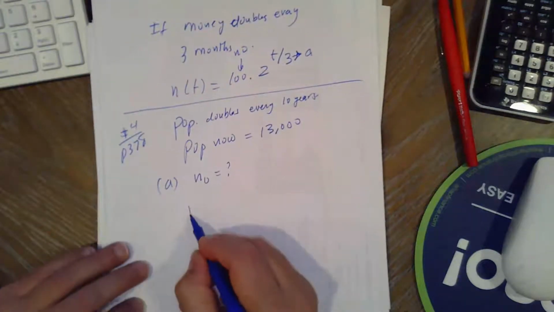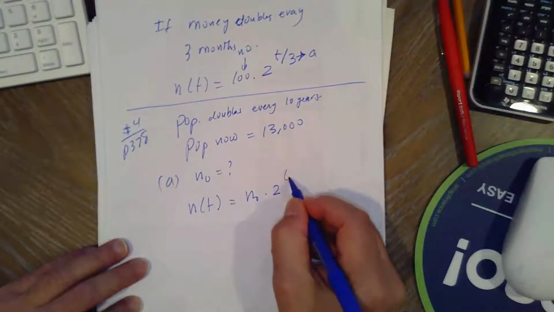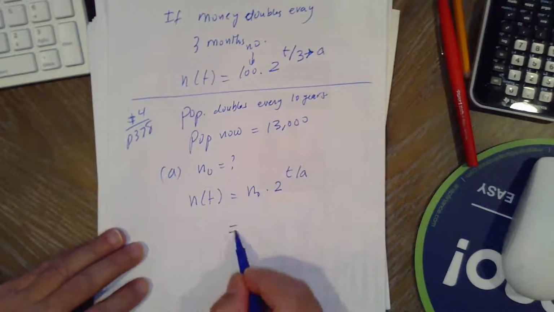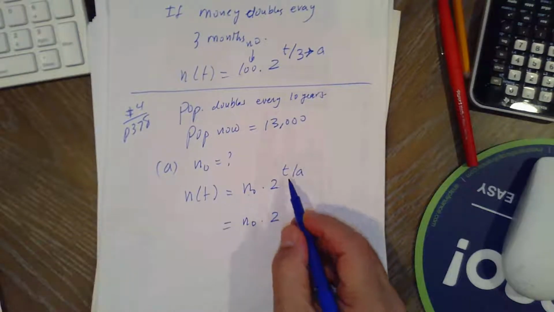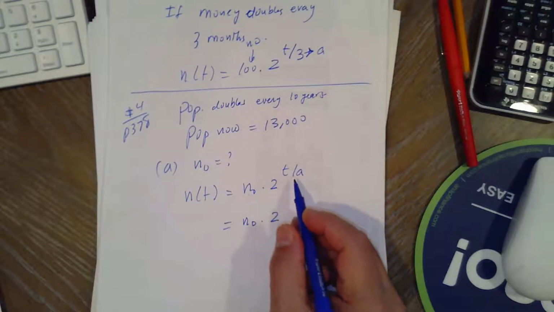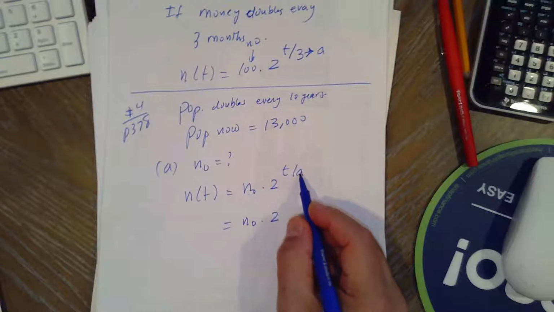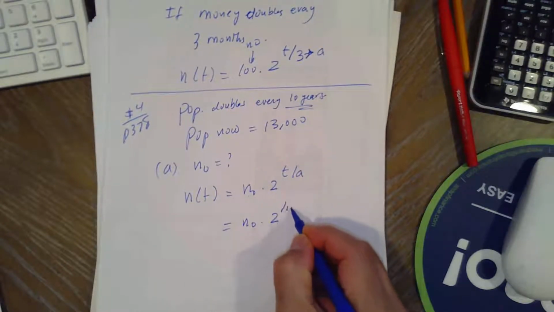Well, if we're using the formula N of t equals N sub 0 times 2 to the t over a, N sub 0 is what we need to find. T, so t is, see, we know a is 10, but what is t?